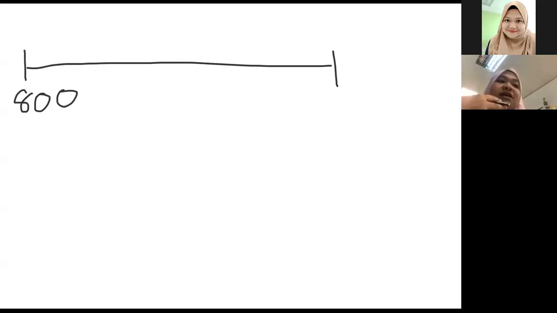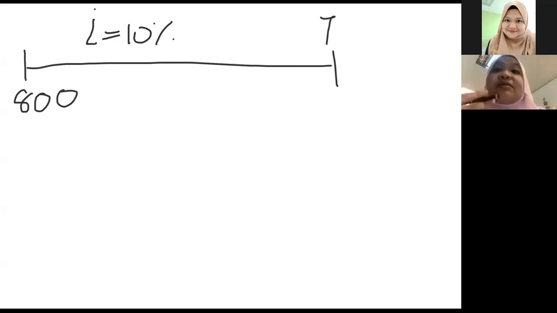She puts this 800 ringgit in an account that gives her 10% interest, for 7 years. Now the question asks how much this 800 ringgit will be at the end of year 7. So basically you need to calculate the future value.